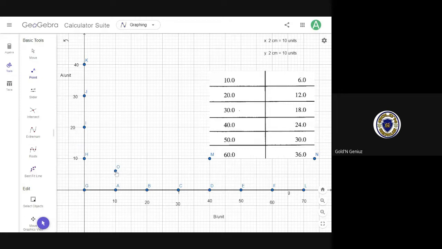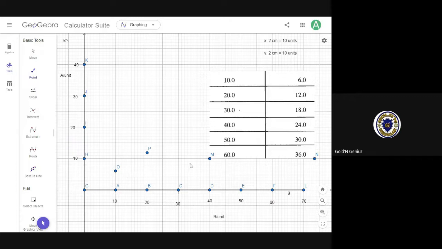So the x value is 10, its y value is 6. Now I go up to 12. I identify 12. This is 10. This is 12. Since these lines are so small, I can use the 10 line, go over to 20, and then go 11, 12. Good?